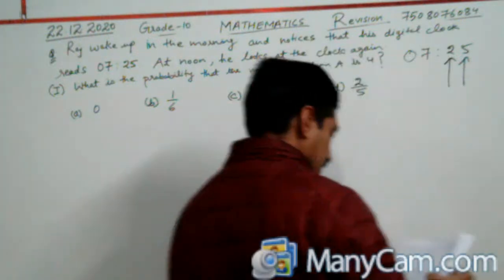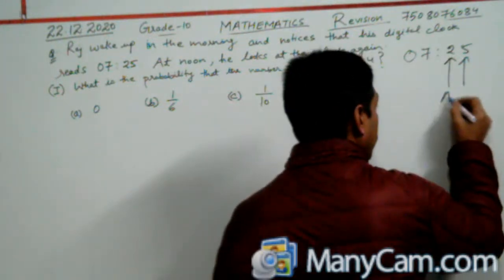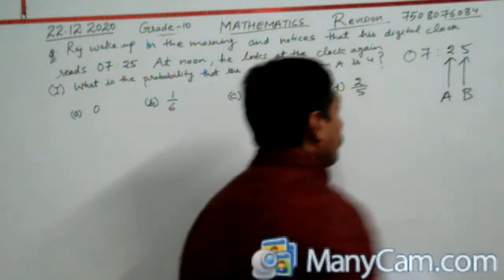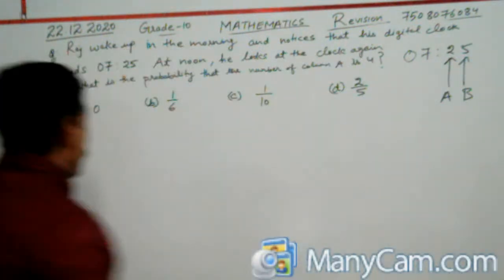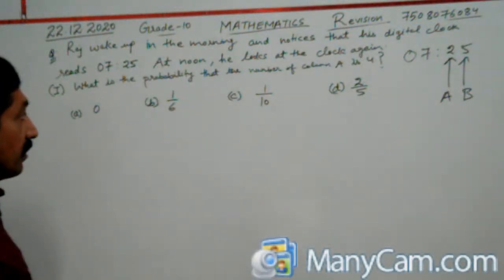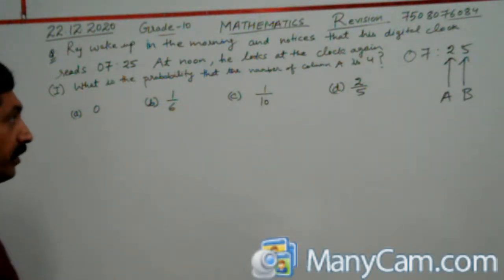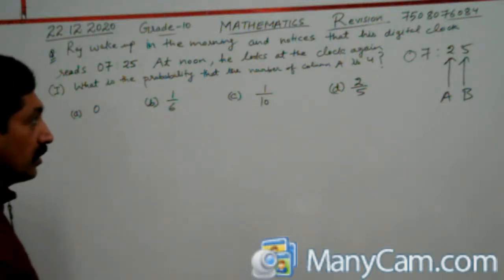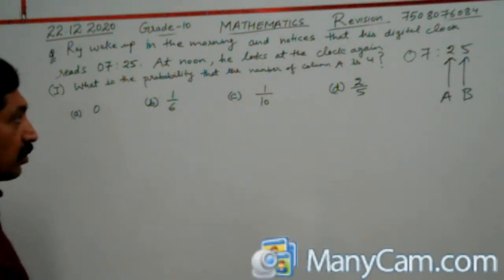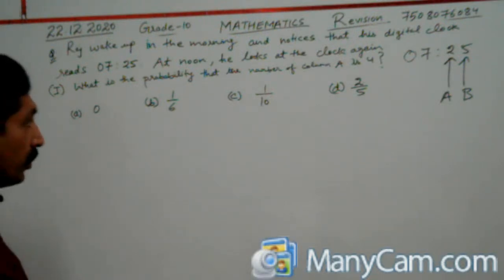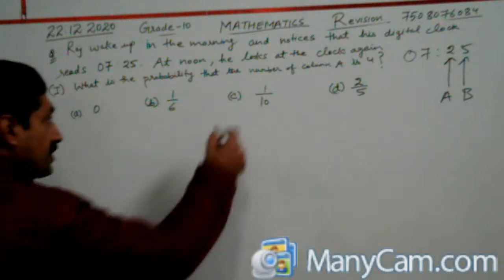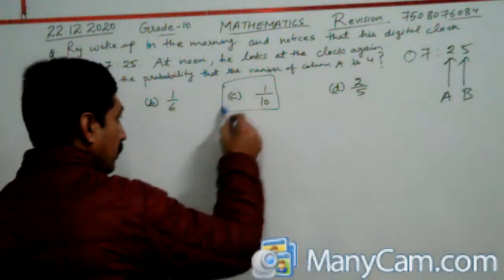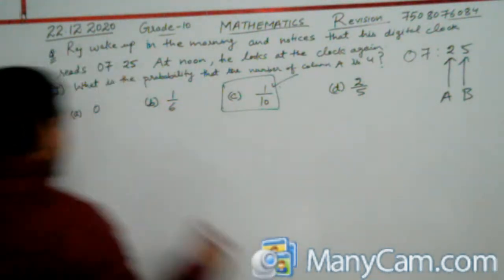One column is column A and this is column B. So here, what is the probability that the number in column A is 4? So how many numbers can we have? We can have 0 to 9, total 10. So 4, that option C is the right one.